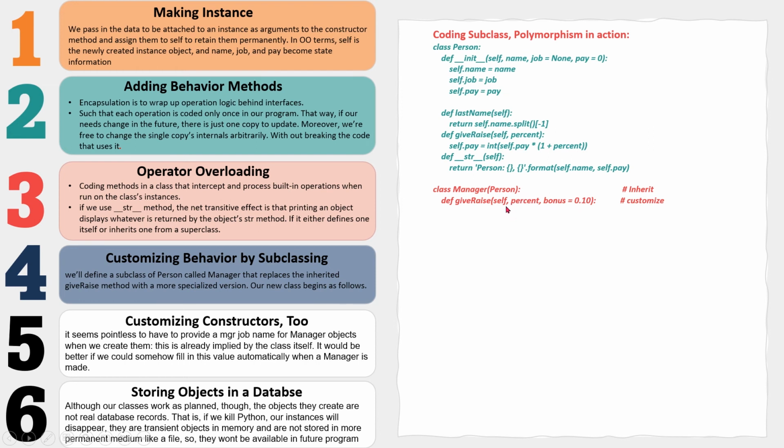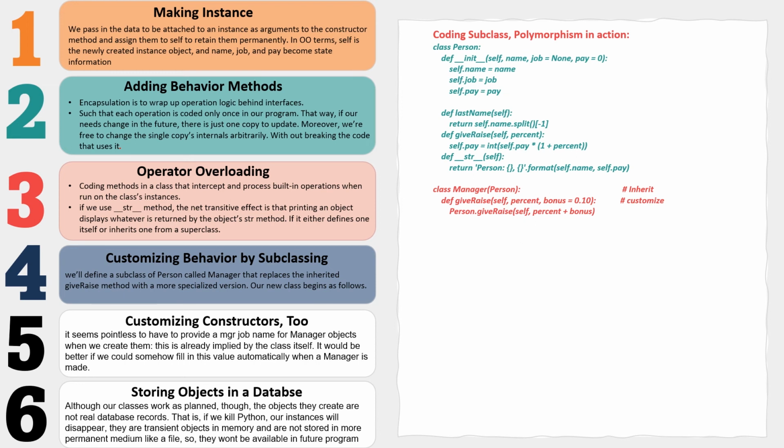For the sake of argument, let us assume that when a manager gets a raise, it receives the passed-in percentage as usual, but also gets an extra bonus that defaults to 10 percent. For instance, if a manager's raise is specified as 10 percent, it will get 20 percent.